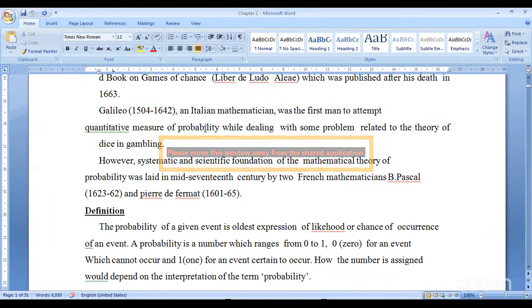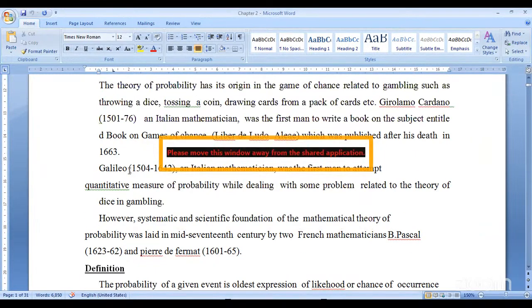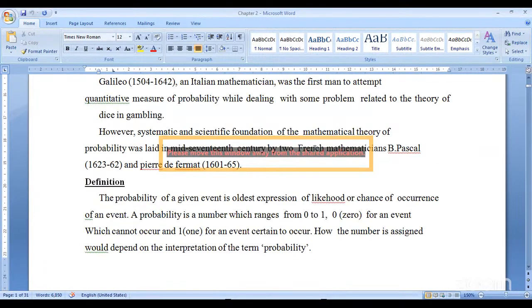Galileo, 1564 to 1642, an Italian mathematician, was the first man to attempt quantitative measures of probability while dealing with some problems related to the theory of dice in gambling. However, the systematic and scientific foundation of the mathematical theory of probability was laid in the mid 17th century by two French mathematicians, B. Pascal and Pierre de Fermat. Then you will see the definition.